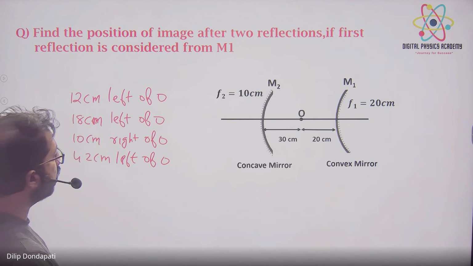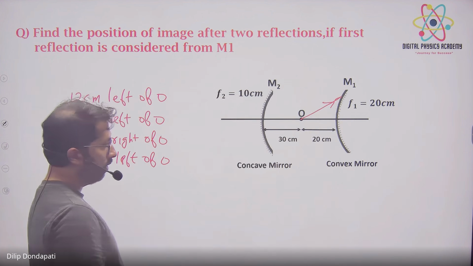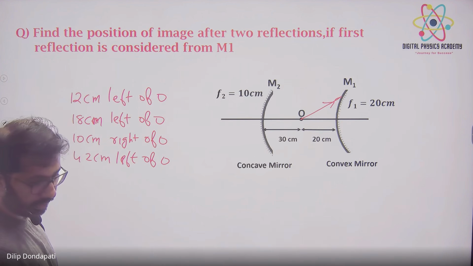The first reflection is considered from M1, right? So you'll say that. This is a convex mirror. Right.